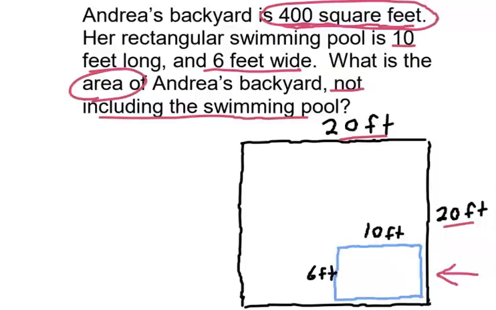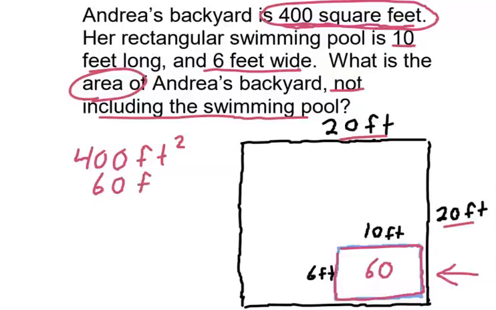Well, we know that the whole yard is 400 feet squared. Okay, so we need to subtract out whatever this is. So what is 10 times 6? Well, that's 60. So the pool is taking 60 square feet away from the total yard.